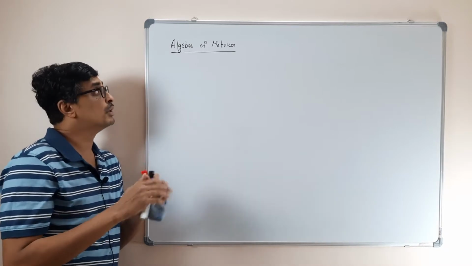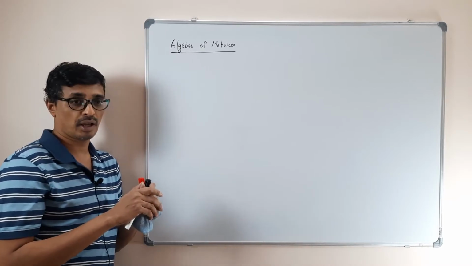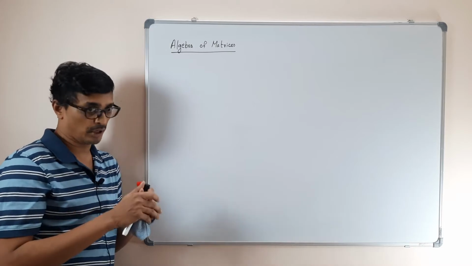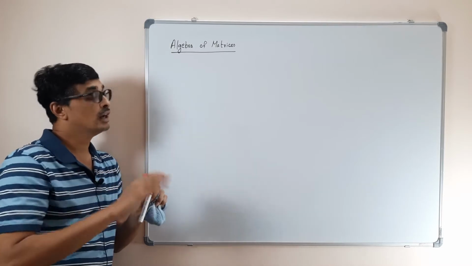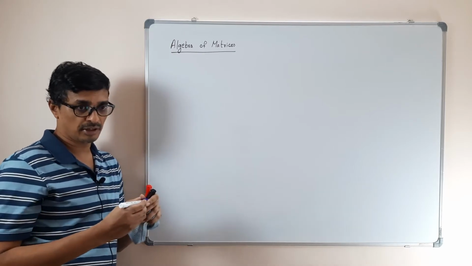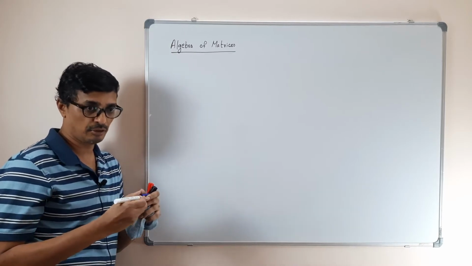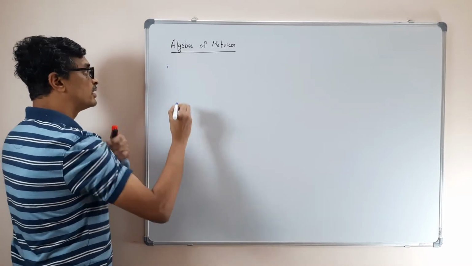It is not just multiplication, you can also add matrices, and many operations you can do. All these operations collectively are called the algebra of matrices. We will start with matrix multiplication, because we have already seen it.